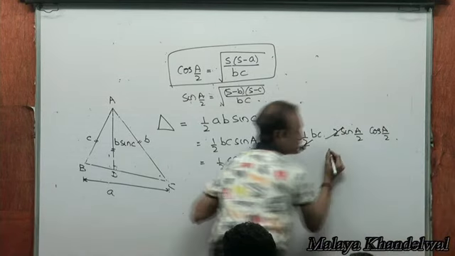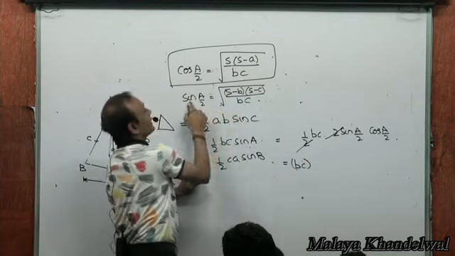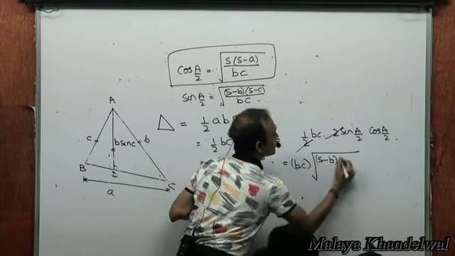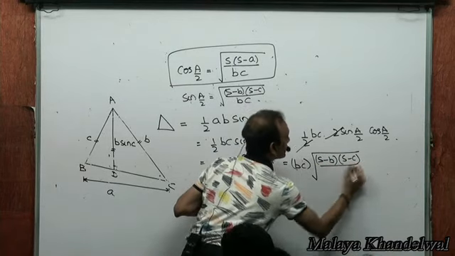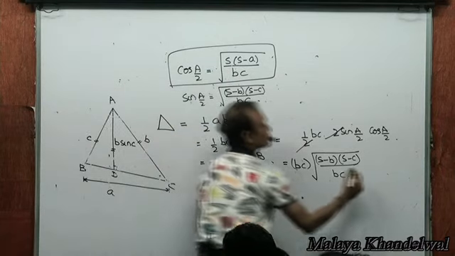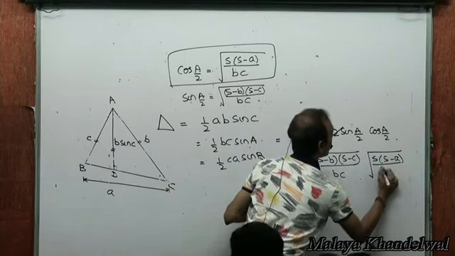So this then is bc into sine A by 2, which is root of (s minus b) into (s minus c) divided by bc, into cos A by 2, which is root of s into (s minus a) divided by bc.